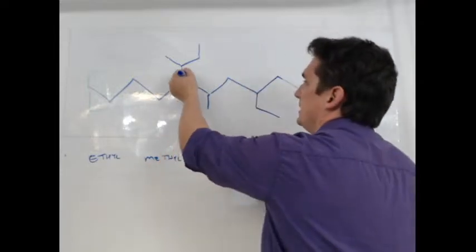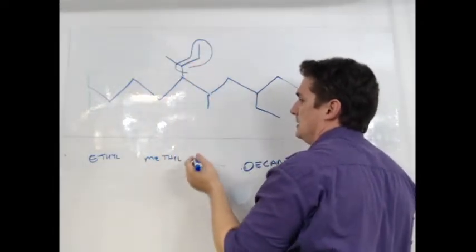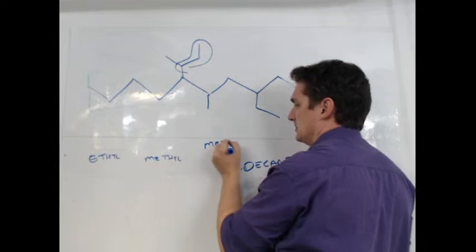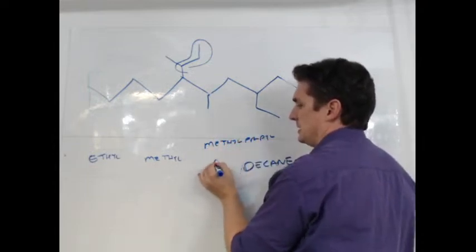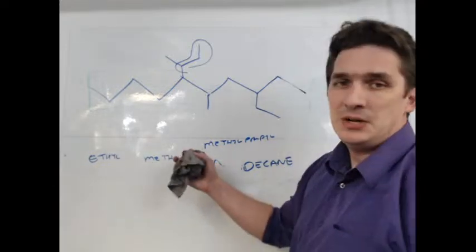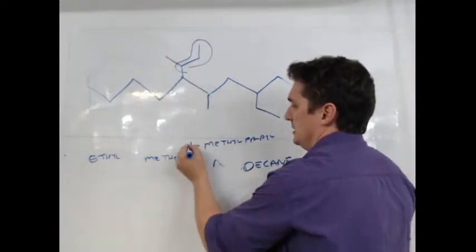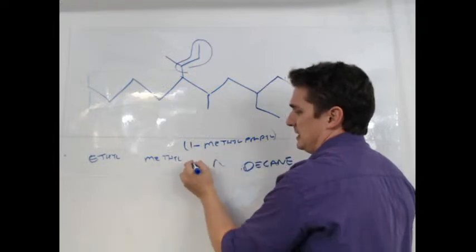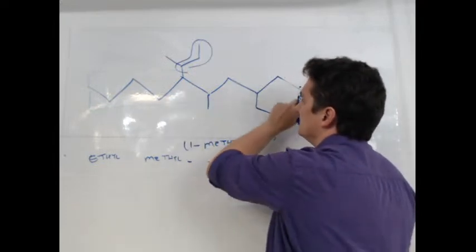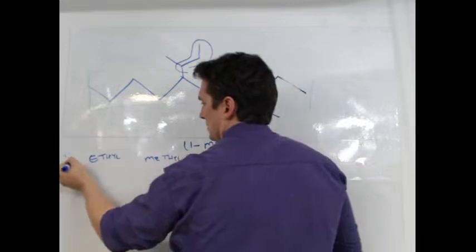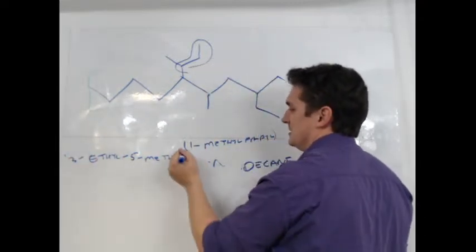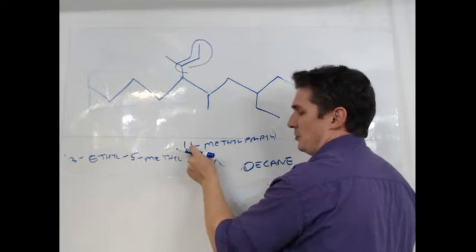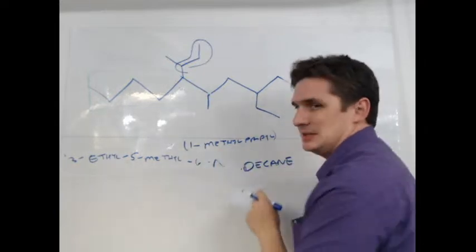And then hanging off of this, we've got a propyl, but it's a methyl propyl. I'm going to have to put it in there. So now with the methyl propyl, it's 1-methyl propyl. All of that is going to be down there, and it's on the 3-ethyl, 5-methyl, 6-(1-methyl propyl) decane.